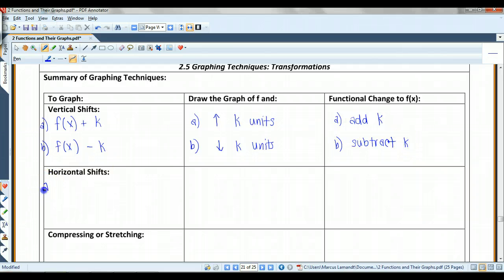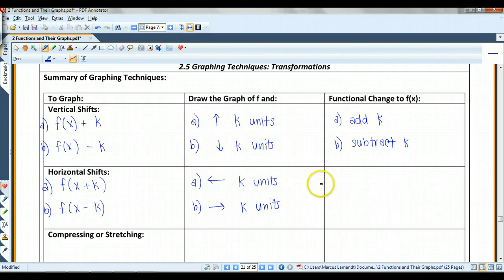Horizontal shifts. If you add something to the x inside the function, it's going to go to the left. Okay. If you subtract something from x inside the function, it's going to go to the right.